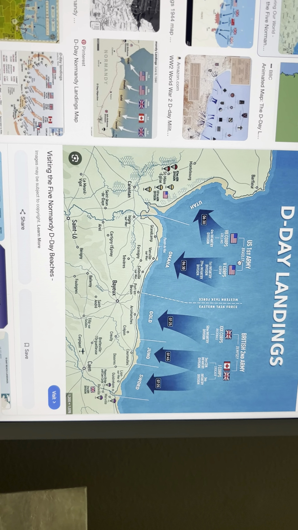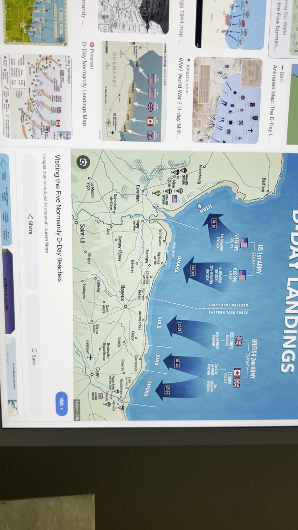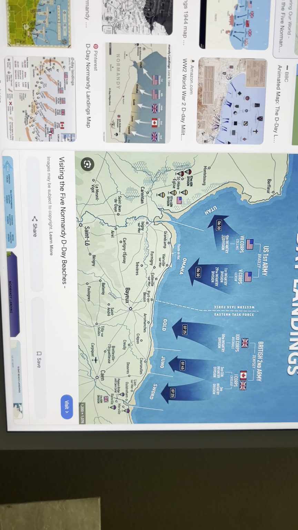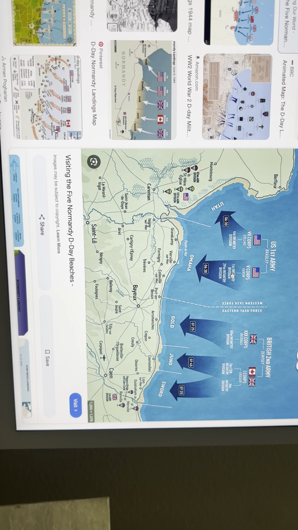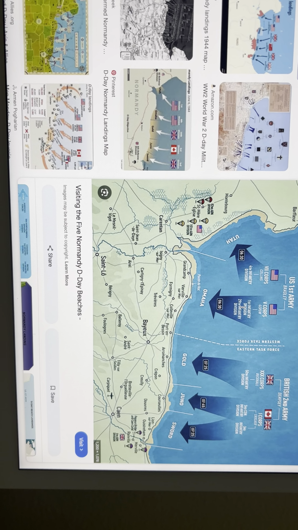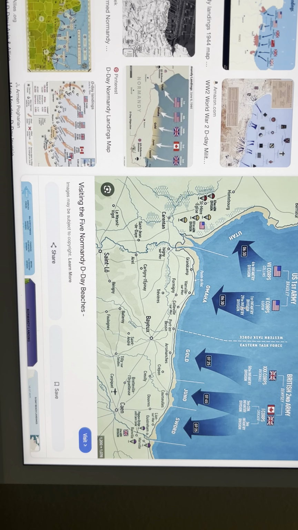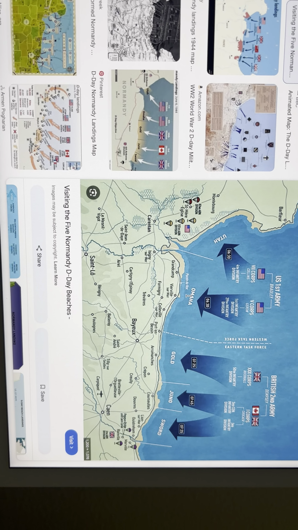This was the US 1st Army. This was Collins. He landed in Utah at 6:30 as well. Gerow. This was the 1st Infantry Division, and this was the 4th, and this was in Omaha.